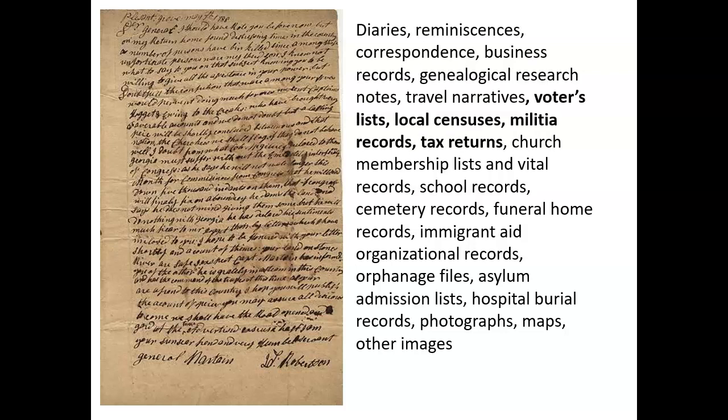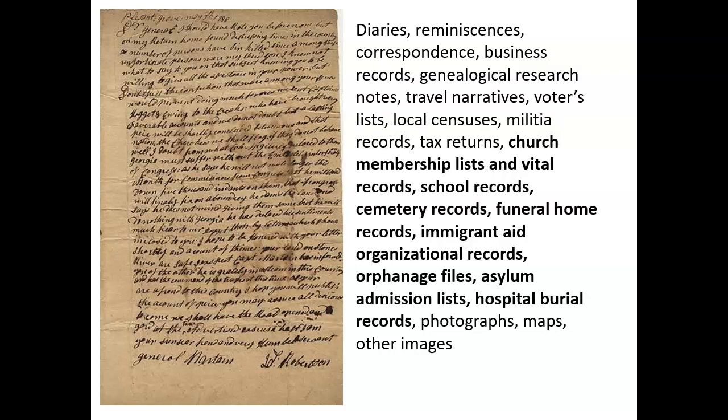What about government records like little voters lists that were just kept in one little locale, or a local census, militia records, tax returns? What about membership lists of all kinds from different kinds of institutions, from churches, schools, cemeteries, lists of burials there, funeral home records, all kinds of other organizations that may have kept records about your family?